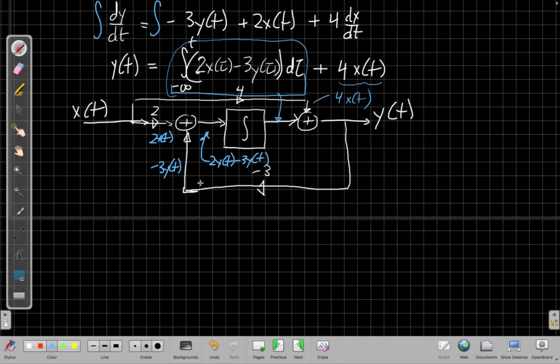So this is how I would design a block diagram of a system to integrate this. I would take my input, scale it by 2, feed back my output scaled by minus 3, run it through my integrator component, whether that's a circuit or a piece of software, and then add 4 times the input directly to the output of that integrator to give me my output going forward. It's loosely similar to things we saw with difference equations.